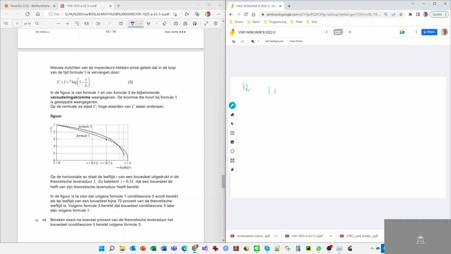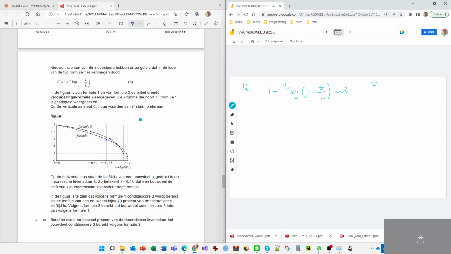So let's just plug it in. The base is 1/2 of this logarithm, which is interesting. 1 minus t divided by L has to be equal to 3.